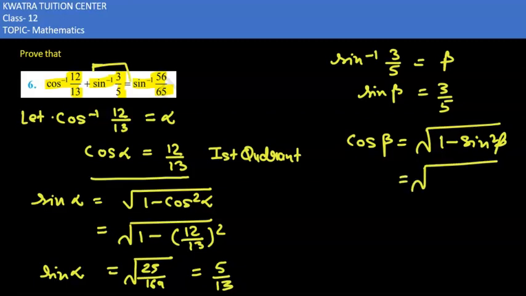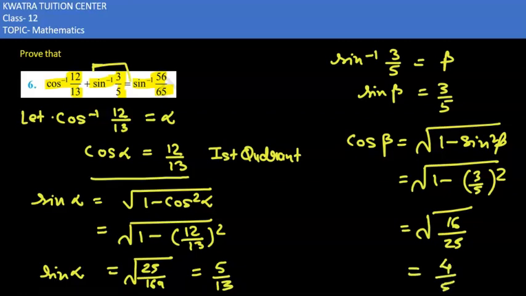So here again we will put our value 1 minus 3 by 5 to the whole square, and when we simplify this further, we will get square root of 16 by 25. So that is equal to 4 by 5. So here we have our value for cos beta.